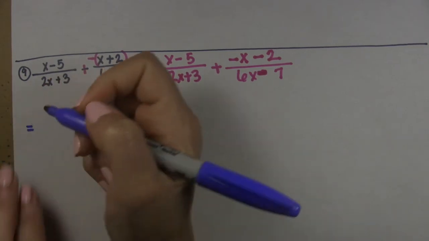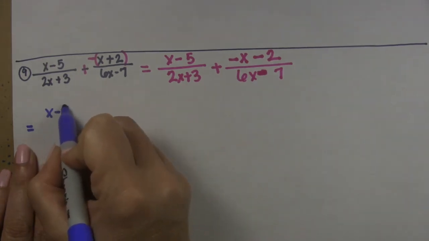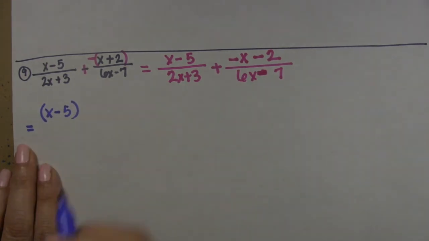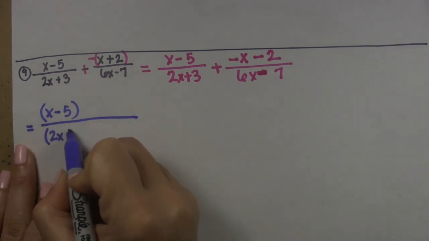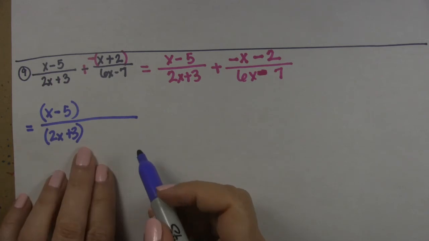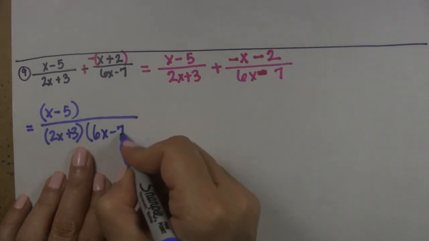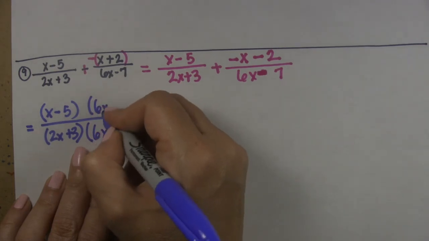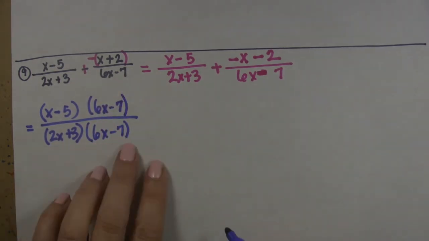All right, so now let's give ourselves a common denominator. So this first fraction, I already have x minus 5, and it's already over 2x plus 3. But I need to include this 6x minus 7. So I'm going to multiply the numerator and the denominator by 6x minus 7.